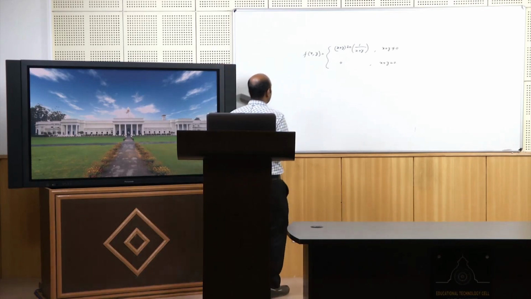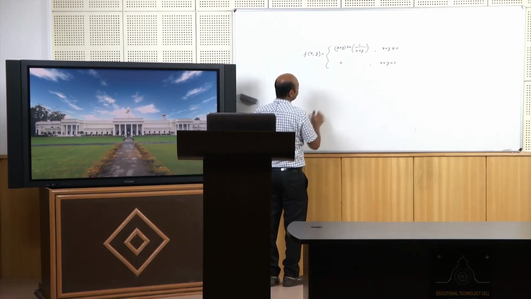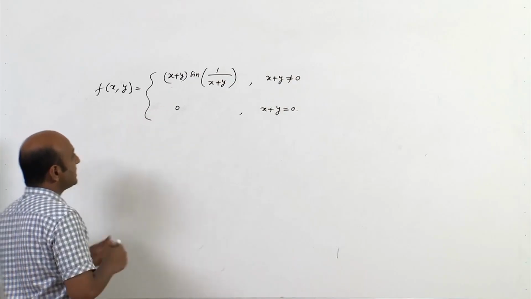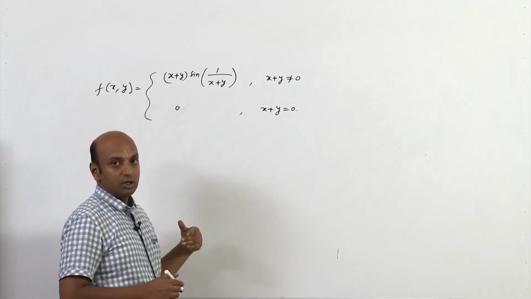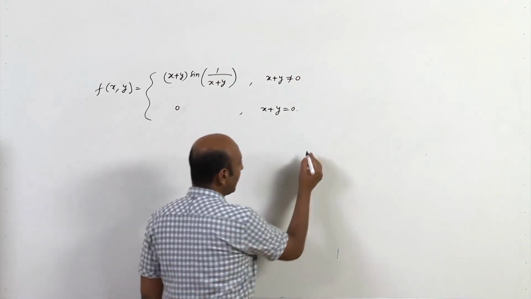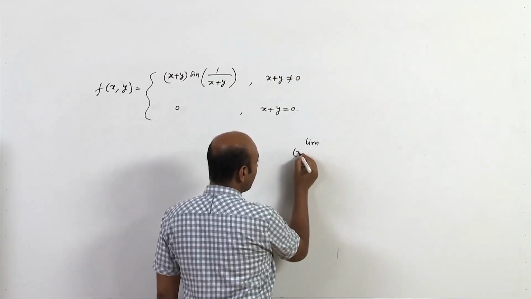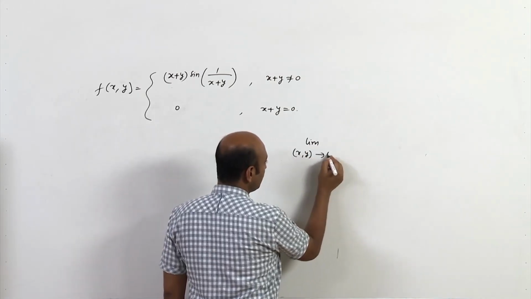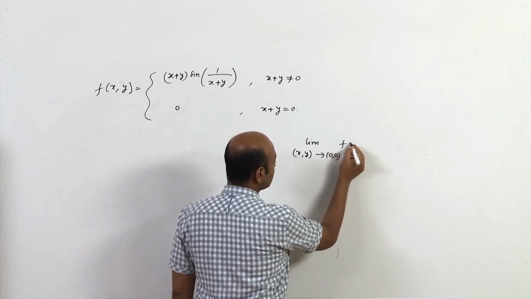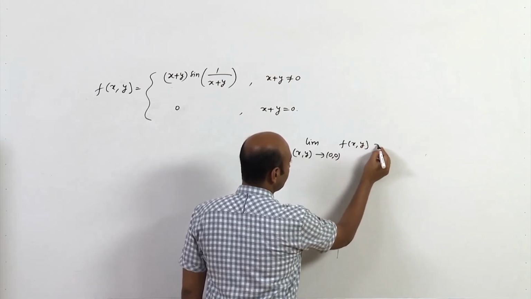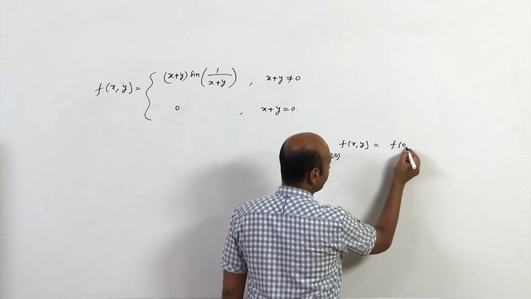So, for continuity, what do we have to show? If we are saying that this function is continuous at the origin, we have to prove that the limit as (x,y) tends to (0,0) of f(x,y) equals f(0,0).